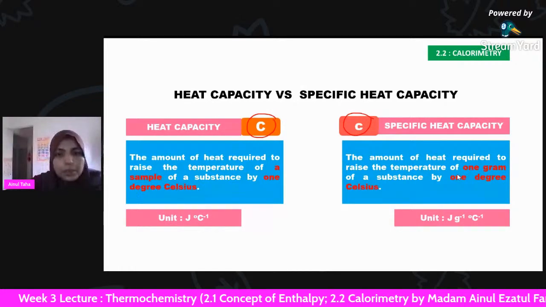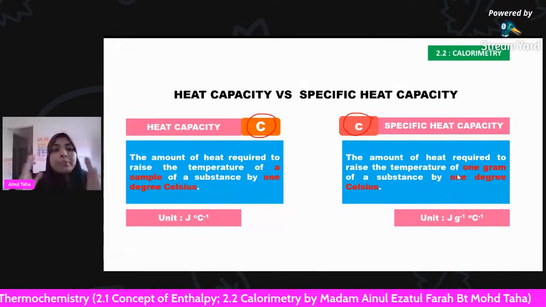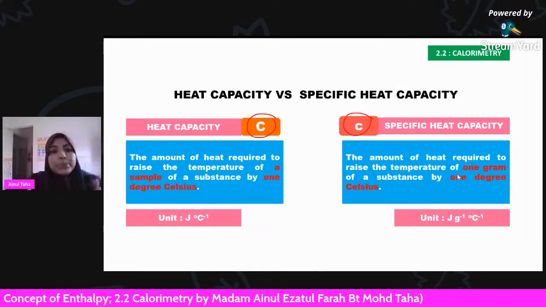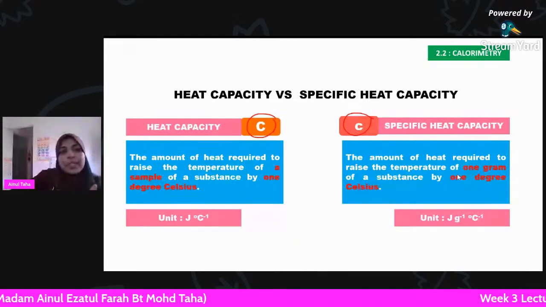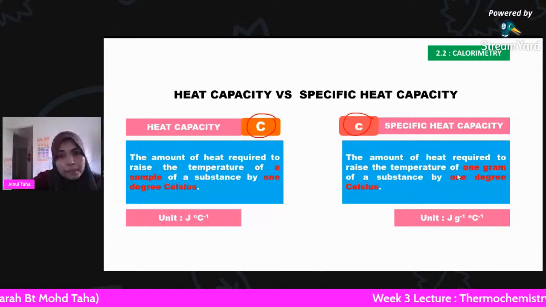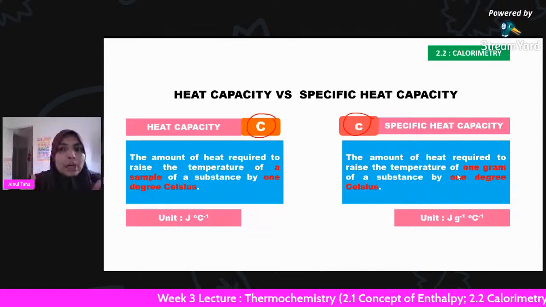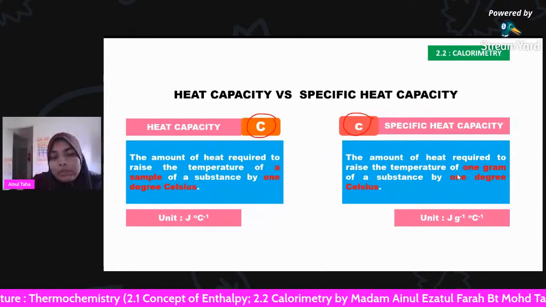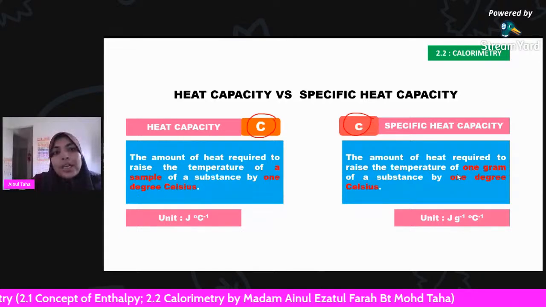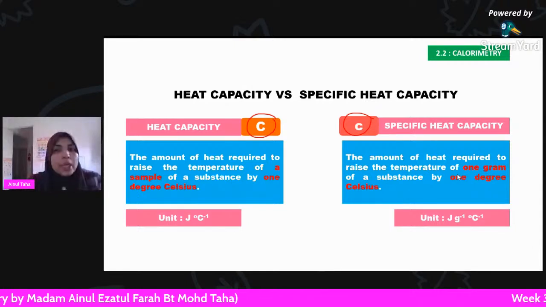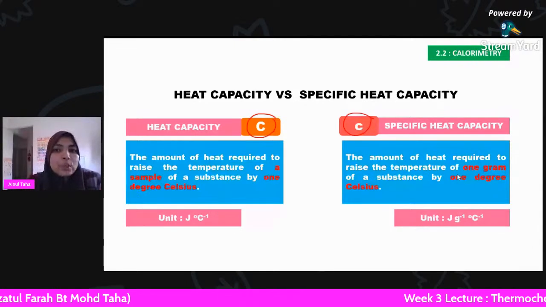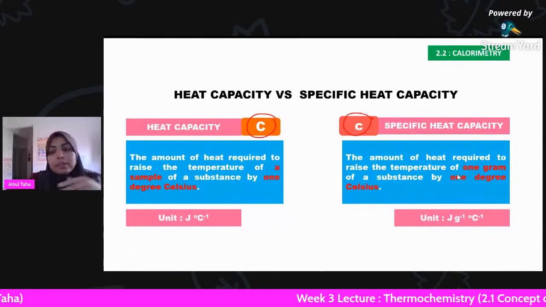Okay, so make sure you know, if we have a question, whether the information given refers to the heat capacity or the specific heat capacity. Normally in our topic of calorimetry, the heat capacity always refers to the heat capacity of the calorimeter. And for the specific heat capacity, normally we are referring to water or to a metal. Okay.